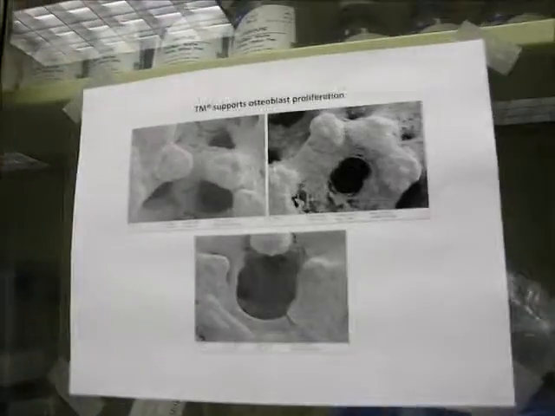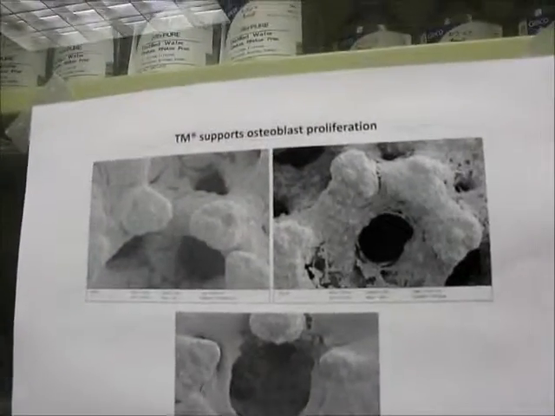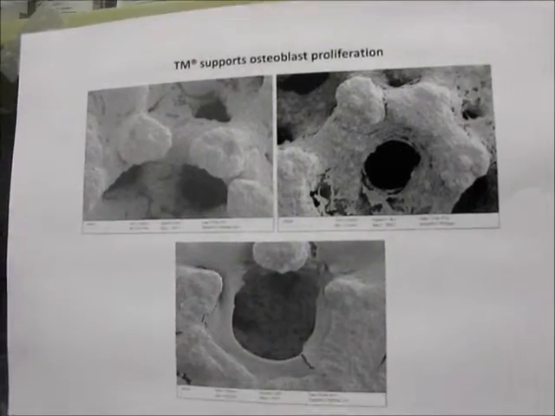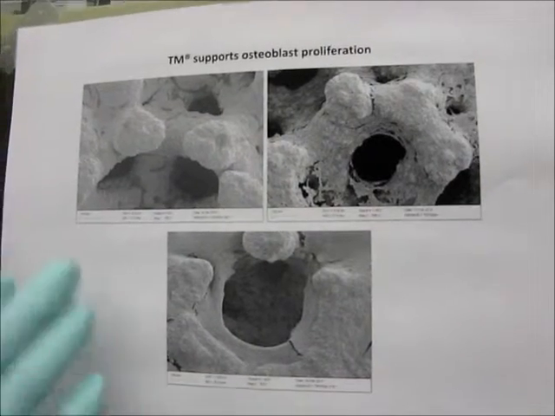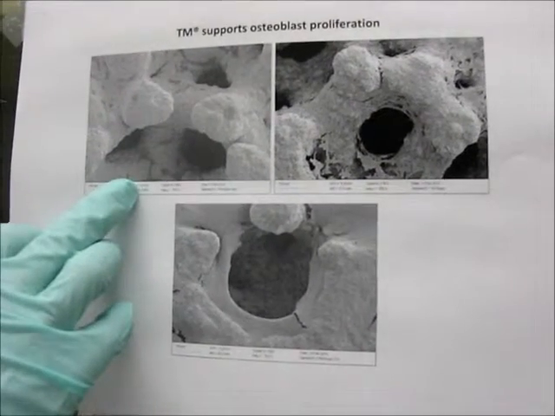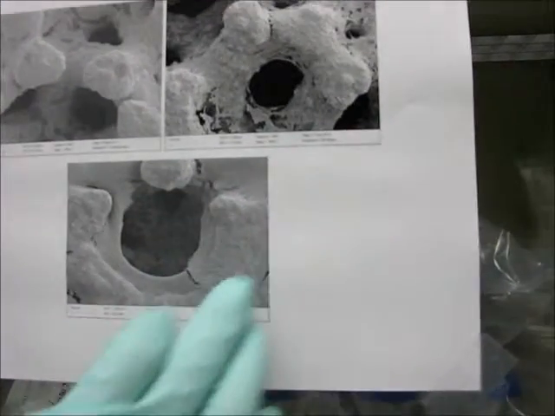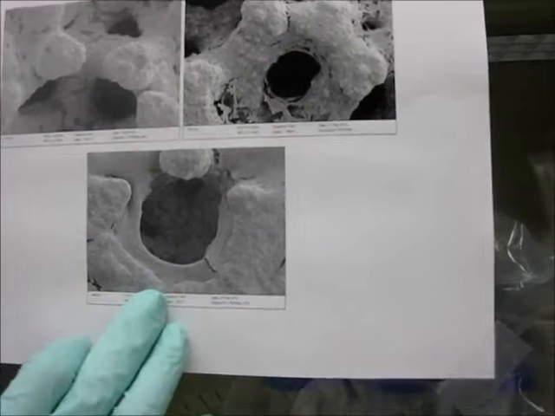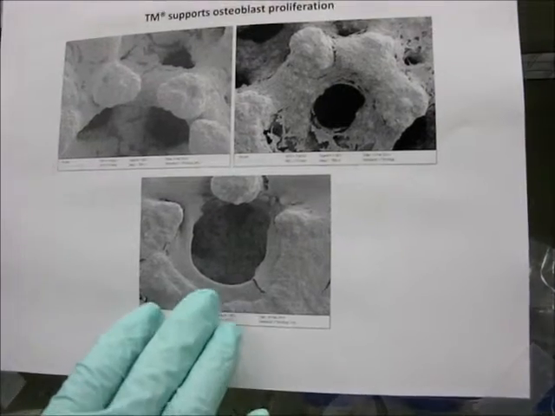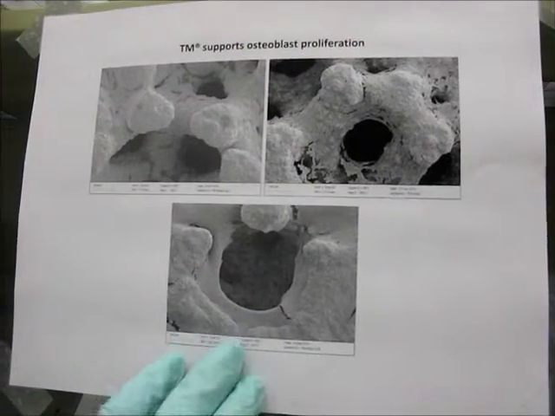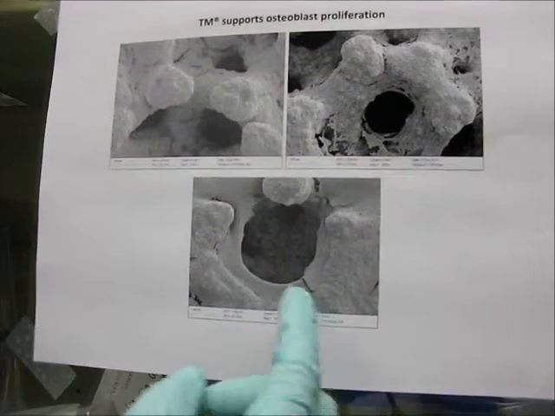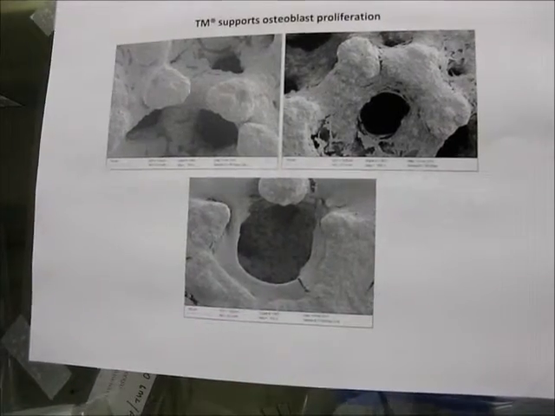We have also done some in vitro cell culture work using human osteoblast cells on TM materials, and you can clearly see that at day 1 cells can attach to the TM surface very well, and at day 7 and day 21 cells have covered the majority of the surfaces, and also cells can grow inside the TM porous structures.